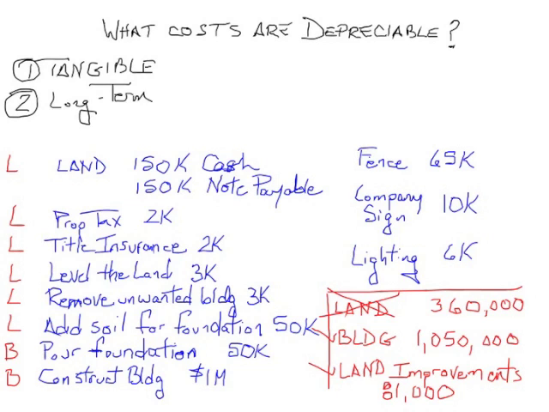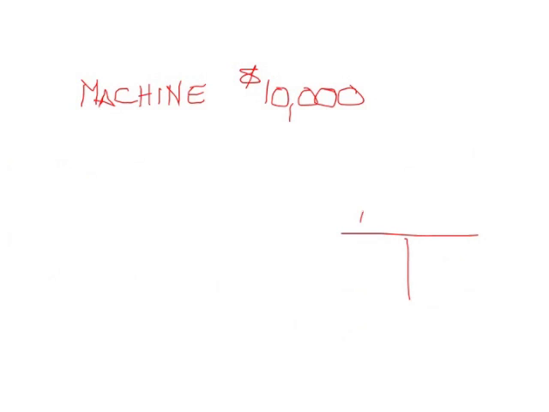Real quick, one more example. Let's say you bought a giant candy making machine for $10,000. There are costs that get added into that. When you have your machine T account here, which costs are going to go in there and be depreciated, because this is a long-term tangible asset.